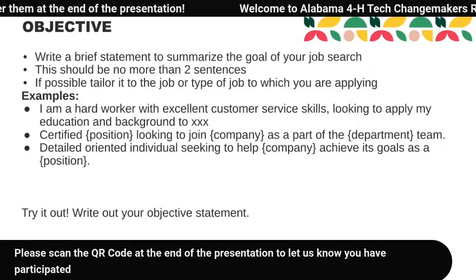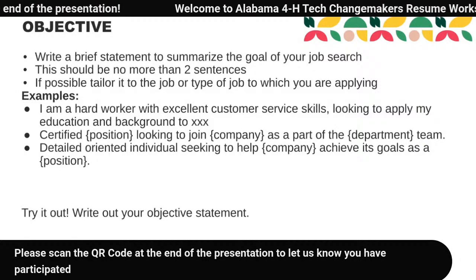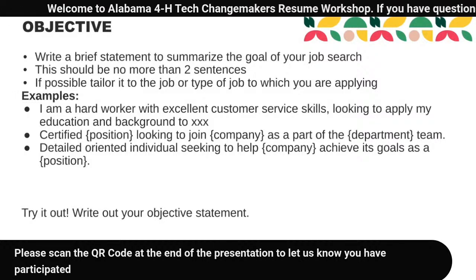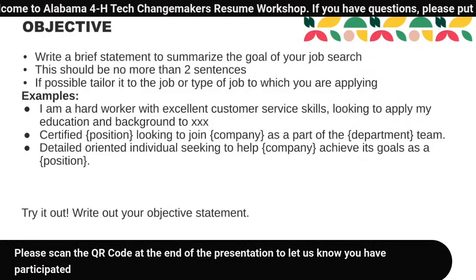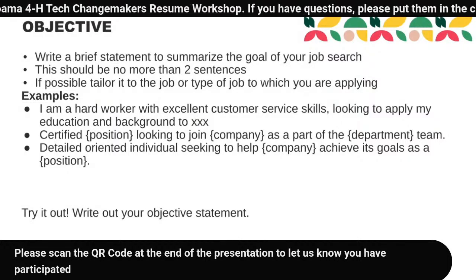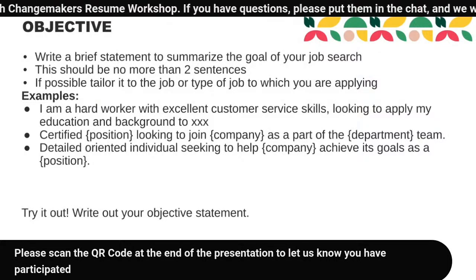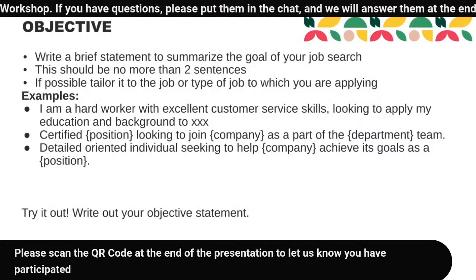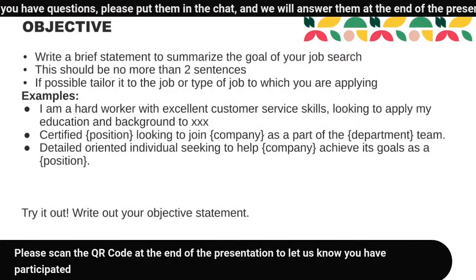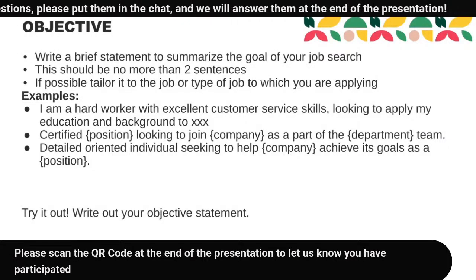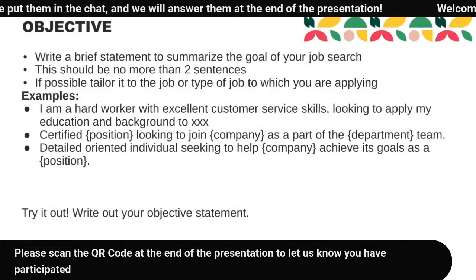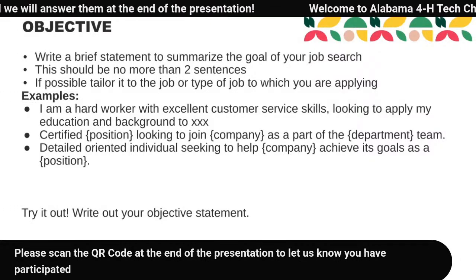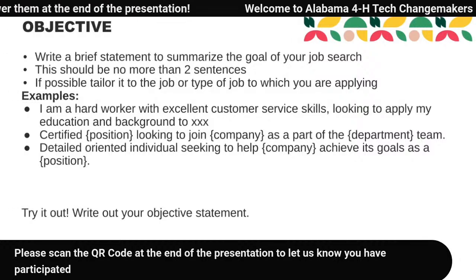This gives an idea for the employer as to, okay, I know you saw this job listing, but why do you want the job? This is a good way for them to understand, are you just looking to get paid? Which, if you're wanting to work, you're wanting to get paid, obviously. But is it more than just wanting to get paid? Are you going to have a passion in doing this?